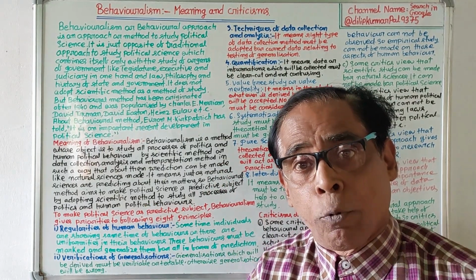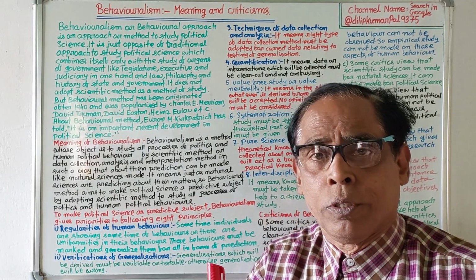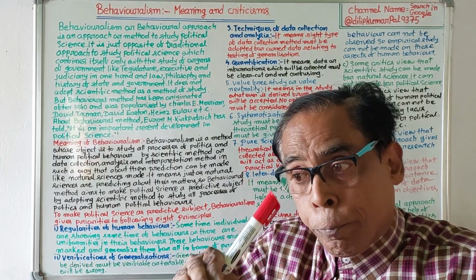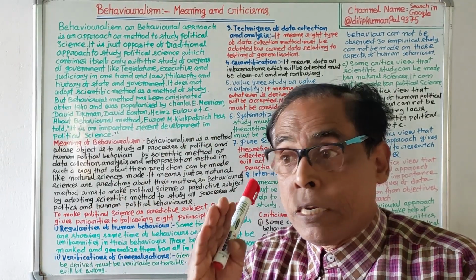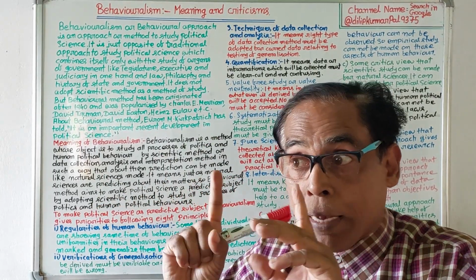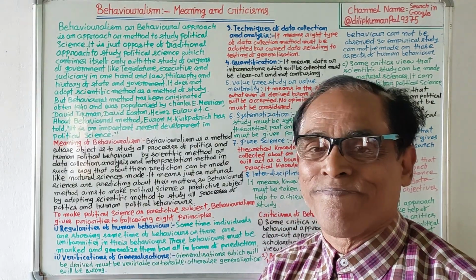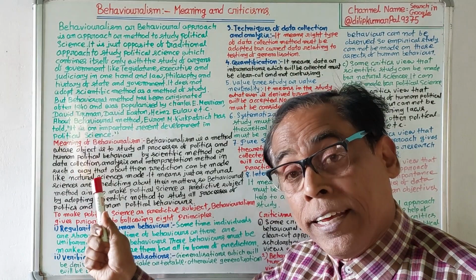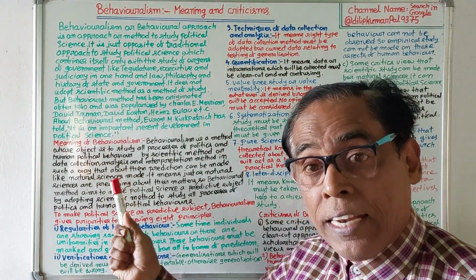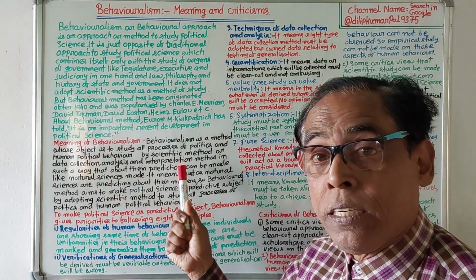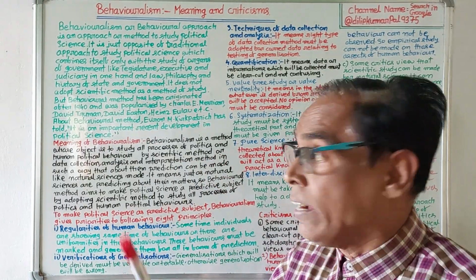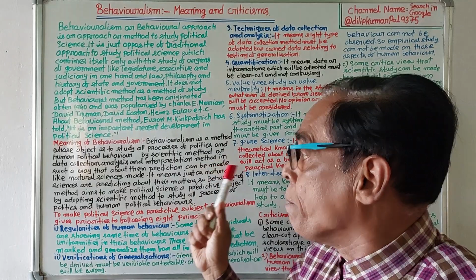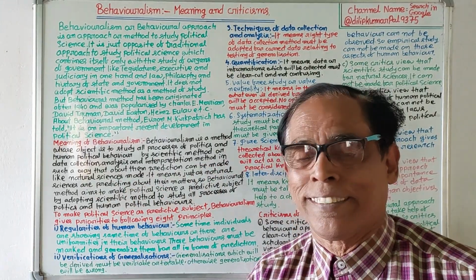Behavioralism, or the behavioral approach, is a method whose object is to study all processes of politics and human political behavior by scientific method, by data collection, data analysis, and data interpretation in such a way that prediction about them can be made like natural sciences.